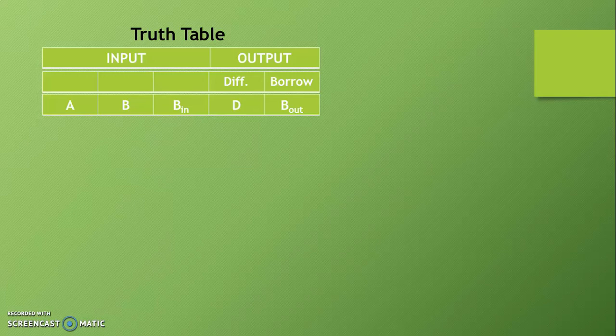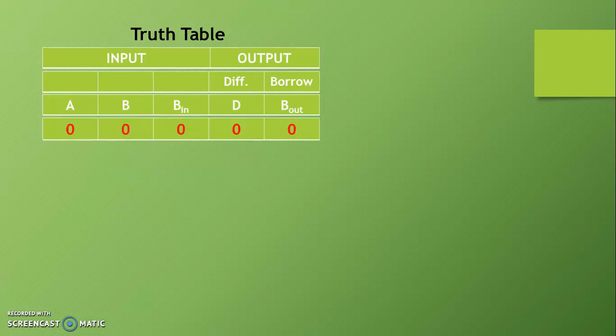So we take A and B either 0, 0, 0, 1, 1, 0 and 1, 1, and with each possibility we first take previous borrow either 0 and then 1, and we'll check the output difference as well as borrow.